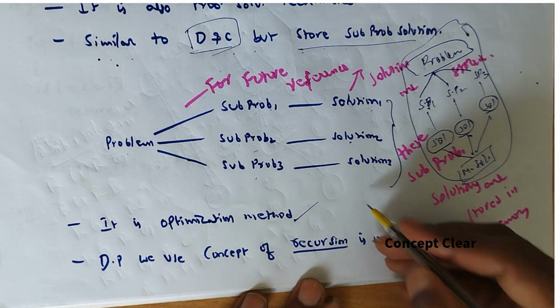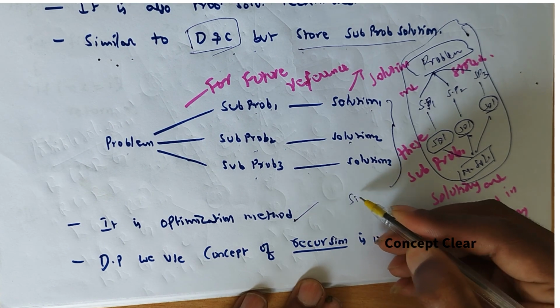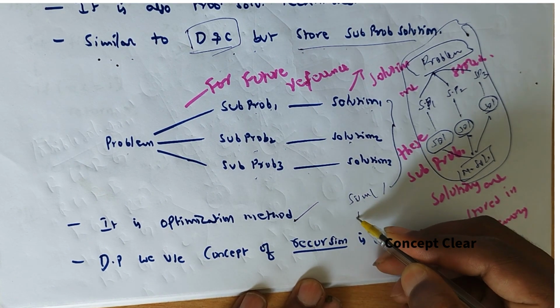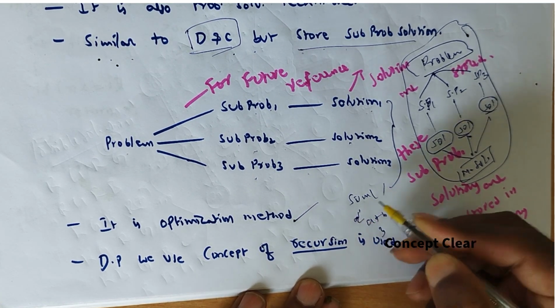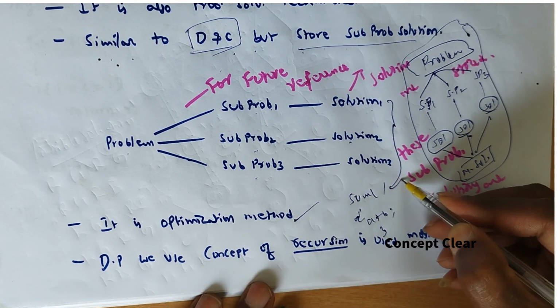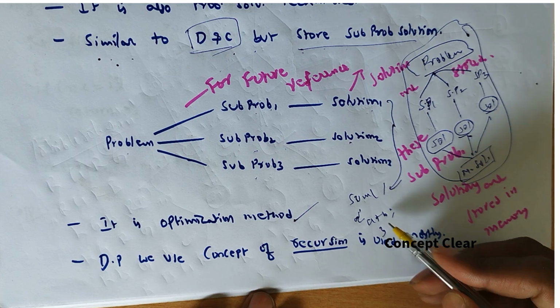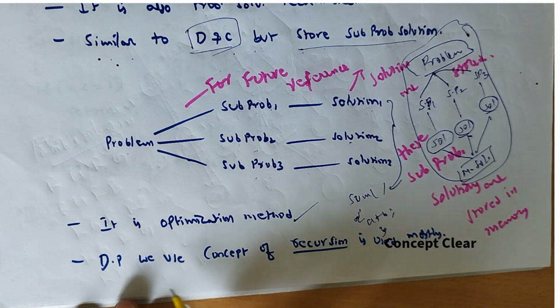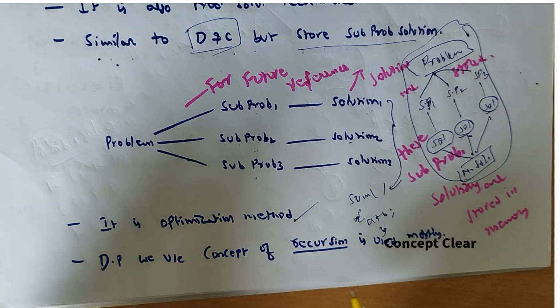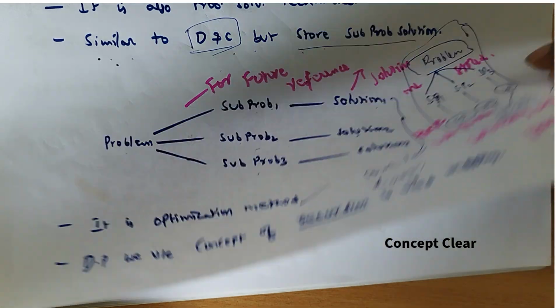For example, if you see a function sum of a plus b, we declare the function sum only one time, but we can call a plus b multiple times. That is also recursion. In dynamic programming we use the recursion concept.